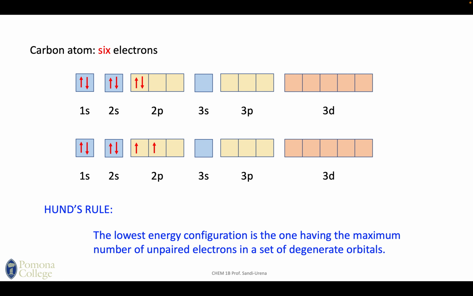And what it says is that when we have degenerate orbitals, like in this case, the electrons are going to occupy them in such a way that we get the maximum number of unpaired electrons. They will be paired up here in the top example. They're unpaired down here. So we're going to get the highest number of unpaired electrons when possible.